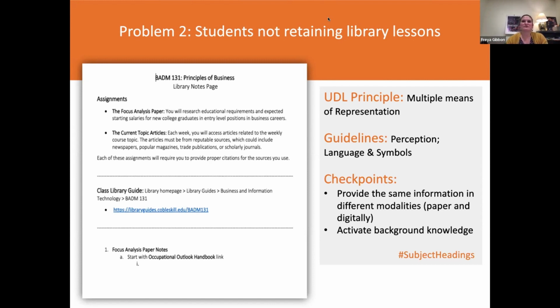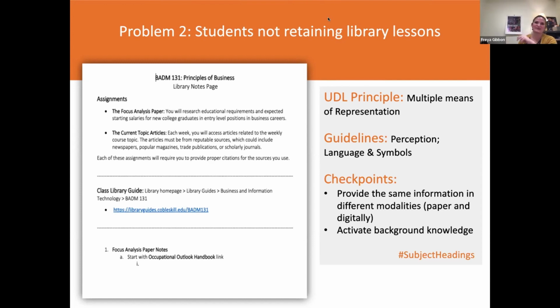Some other suggestions within this multiple means of representation UDL principle is to activate the background knowledge that they have. You might be using stories and storytelling. You might be using metaphor, which is a big one. Somebody suggested this at the SUNYLA conference this past spring, but one example of helping to activate that background knowledge if you're doing a database lesson is to think of subject headings as hashtags.